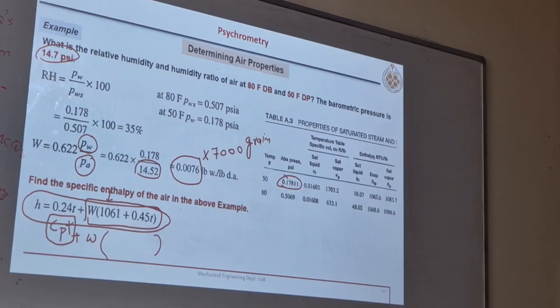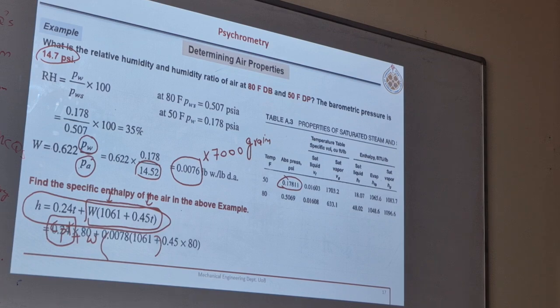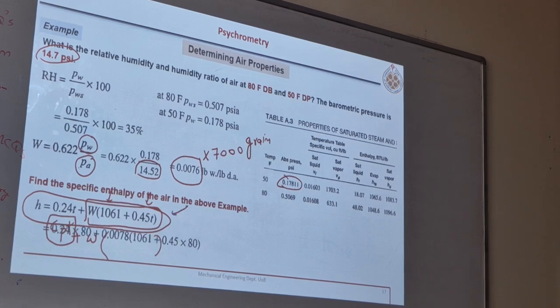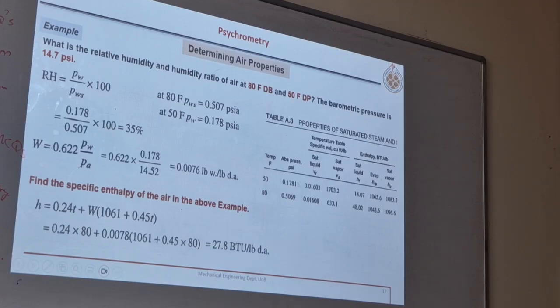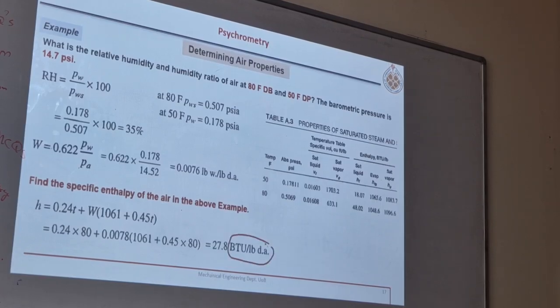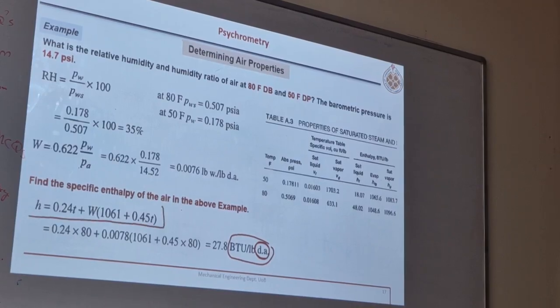This is Hg plus CPT. This formula is for English units, so just put values and find out the answer. So that will be BTU per pound of dry air. Okay, that's how we derived that formula.